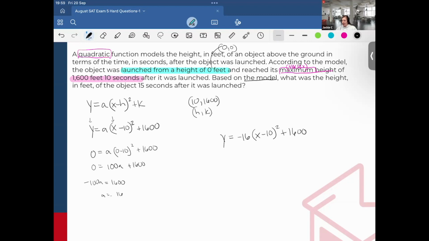Amazing. And then the final step in this process, based on the model that I have here: what was the height in feet of the object 15 seconds after it was launched? So now I just have to substitute 15 in for x.